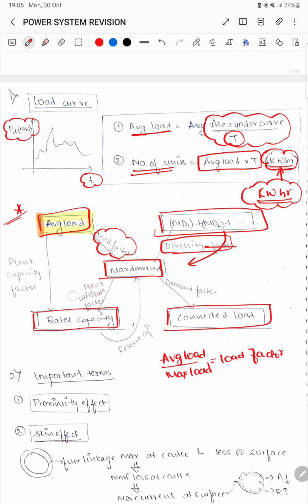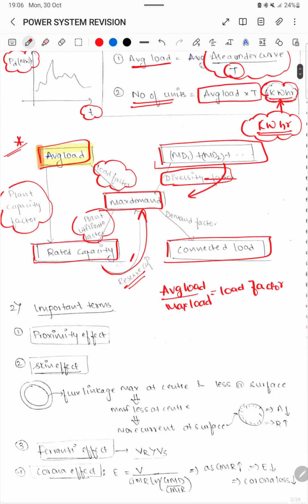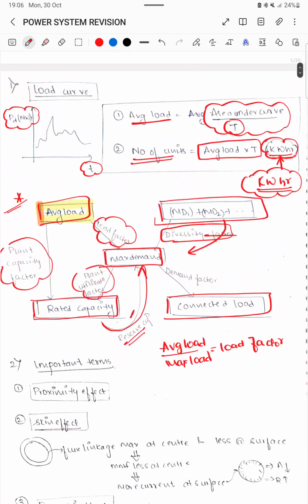Maximum load upon rated capacity is basically plant utilization factor, and average load upon rated capacity is plant capacity factor. Fine. And one more thing is reserve capacity, that is rated capacity minus maximum demand, that is nothing but reserve capacity. Fine. I hope this is sensible.